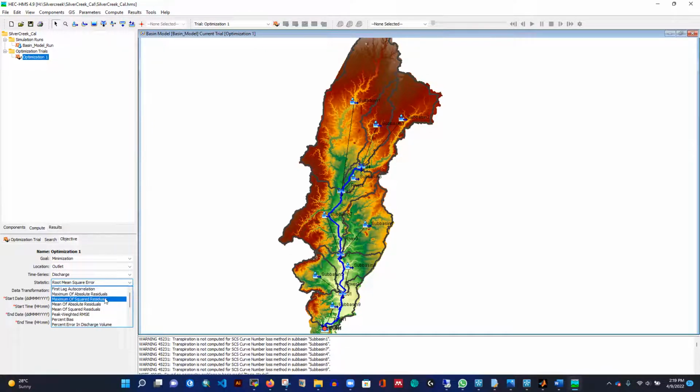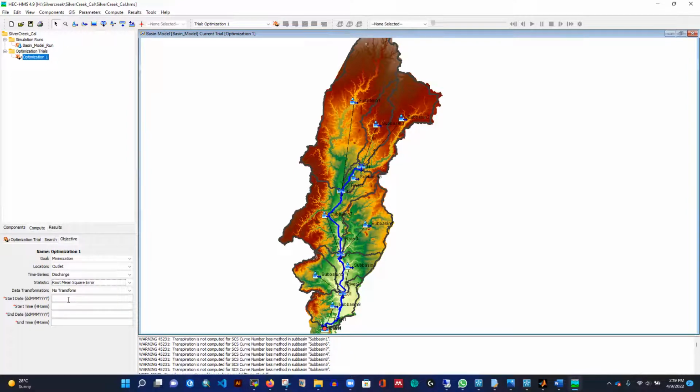You can use peak weighted RMSE if you want to capture the peak only, if you are not bothered about base flow and everything else. If you want to capture the volume, you can use this one, but in my case I'm using root mean square error. My objective function will minimize this RMSE value, and the location is the outlet at the downstream of the entire study area.